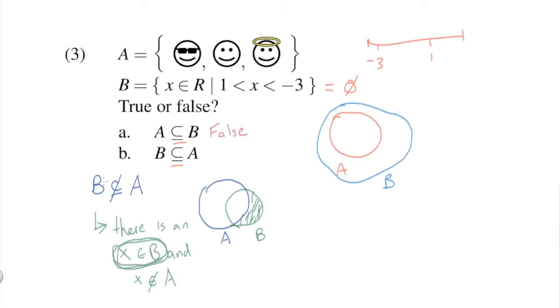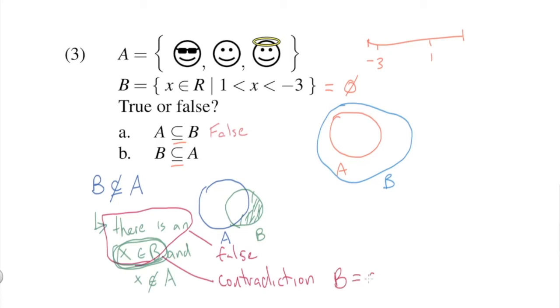So if we assume B is not a subset of A, we run into a contradiction. This statement, there is an X in B, we know it is false. It contradicts one of our starting assumptions that B is empty.